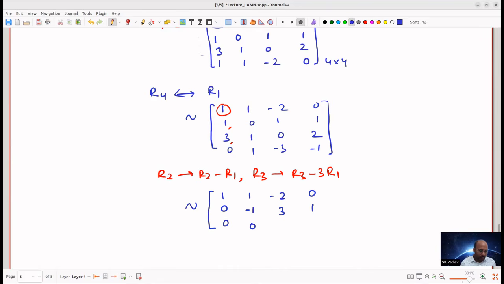and then this is R2 minus R1. No, this is third row. So 3 minus 3 is 0, and then 1 minus 3 is minus 2.